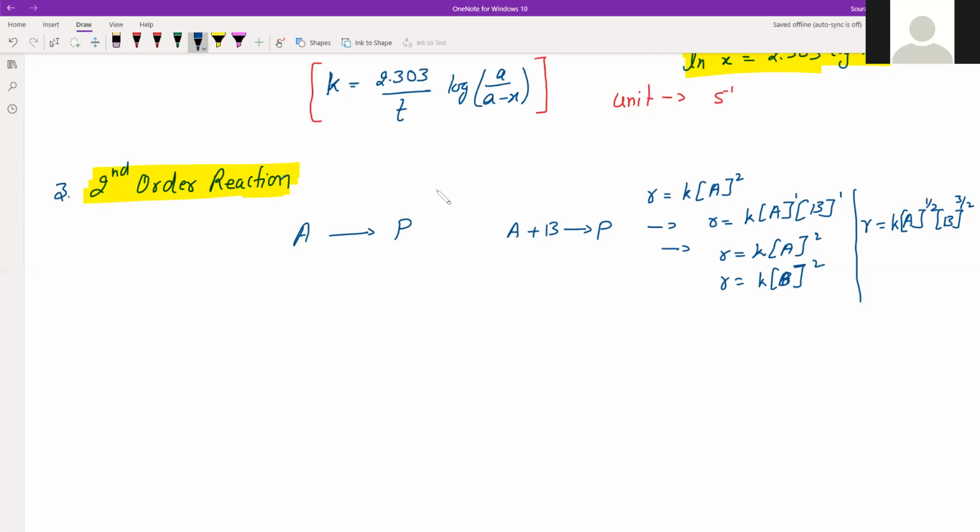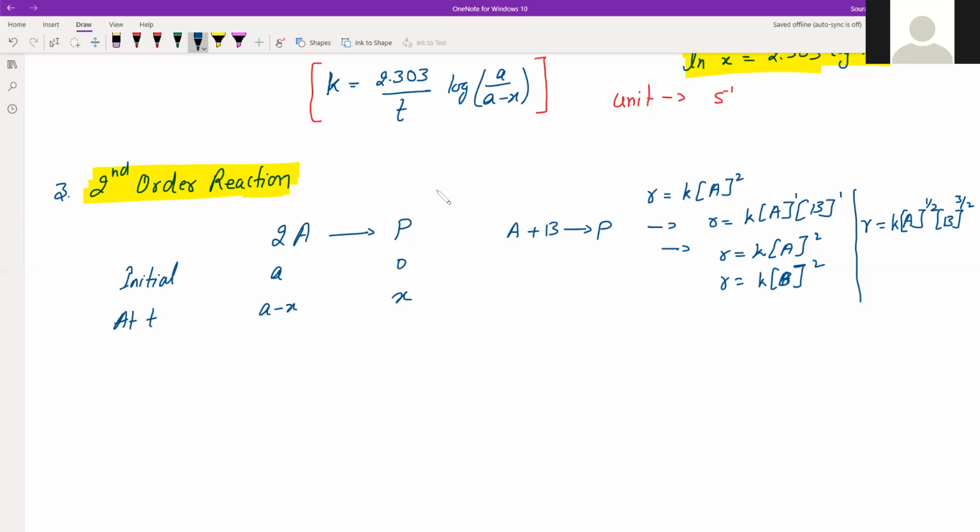Let us take the simplest possible combination, that suppose this is 2A giving P, then it will be what? Starting with initial concentration, let it be a. At that time the product will be 0. Then at time t, let this be a minus x, that means x got consumed, so x will be produced.